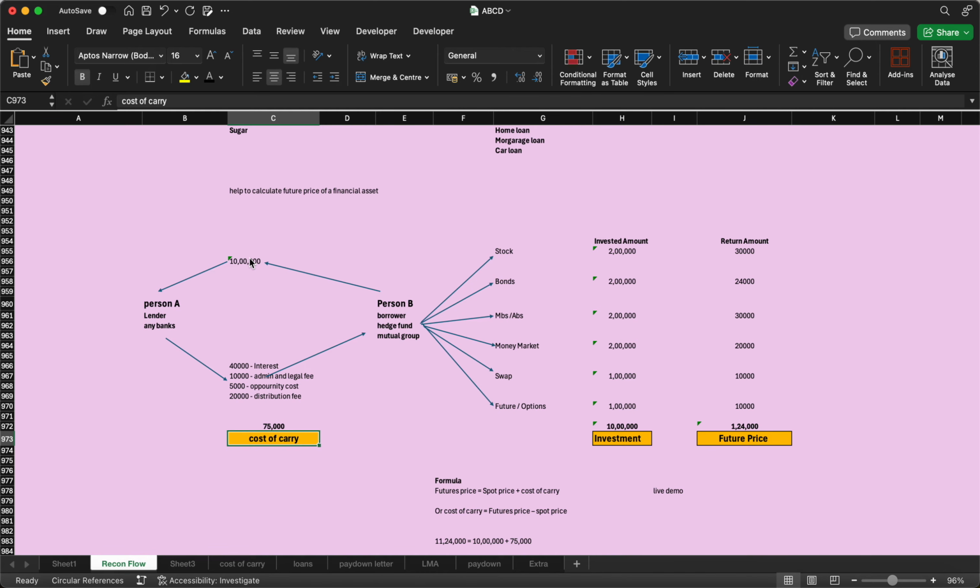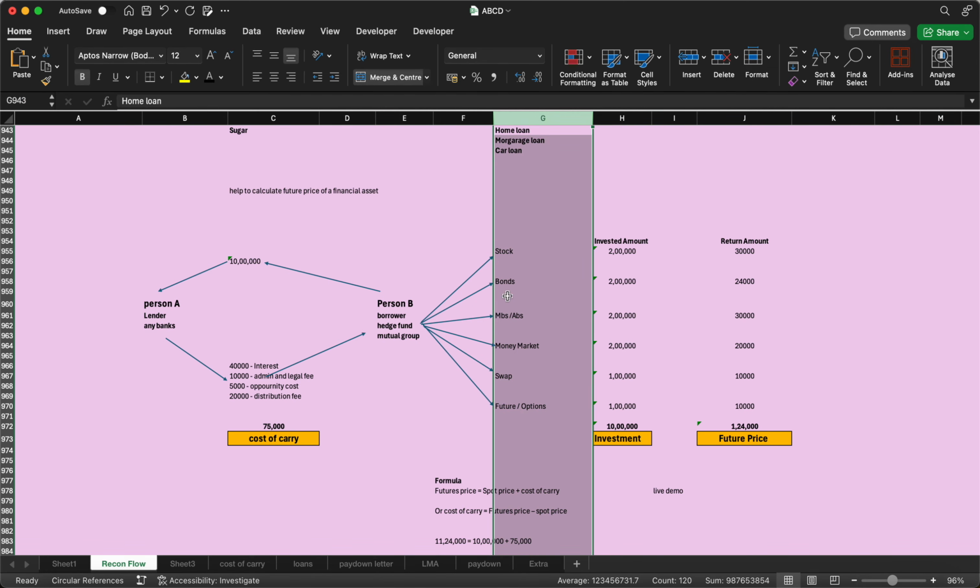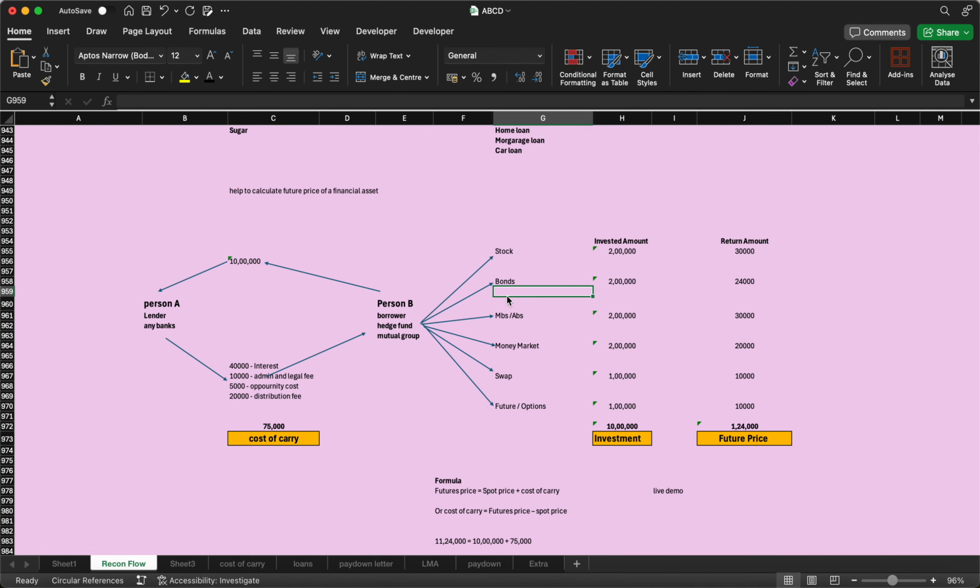So B gets an amount of 10 lakh rupees, but carries that amount for a certain period, maybe 1 month or 1 year or anything, as per the contract. So it is 10 lakh 75,000, and the borrower gets profit above 10 lakh 75,000. How it gets a profit is explained in column G. The hedge fund group or mutual fund group invests in many products like stock, bond, MBS, ABS, money market and swap.